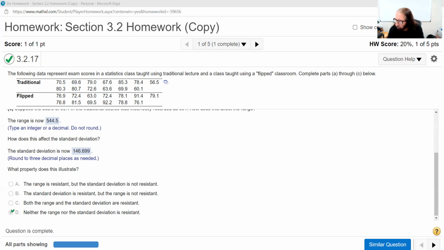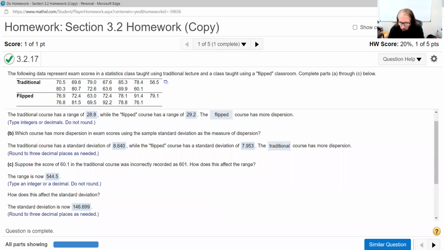And the other rounding up to 7.953. That should be the same thing that I put in. 8.640 and 7.953 are indeed what I put in back on that window.